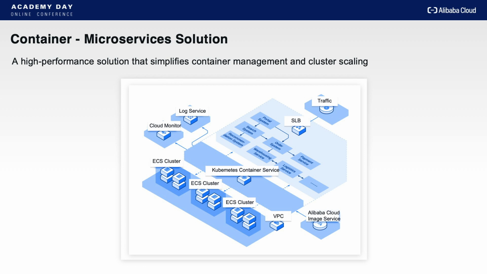In this architecture, you can also find our Cloud Monitor for the monitoring, the log service for the logging, and also Alibaba Cloud Image Service for the Kubernetes image duplication, storing, and image pulling and pushing.